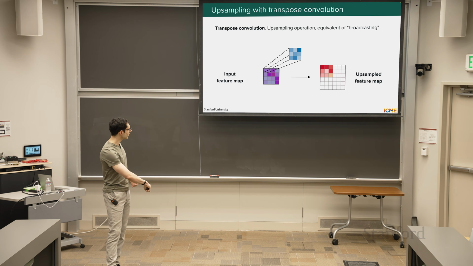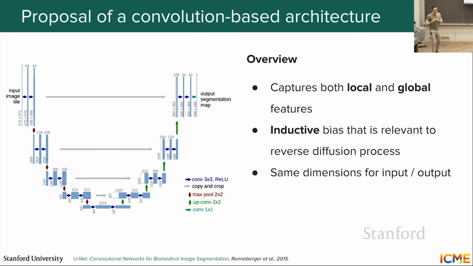So given that, I hope it's not coming out of the blue that a model that downsamples the input and then upsamples it could be a natural choice of such a model.